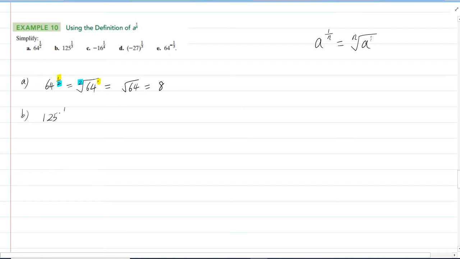125 to the 1/3 power. The same thing as, just remember, you're going to write 125 here, and there's a 1 goes inside, and then the 3 goes outside. So you know now you can simplify this as third root of 125. You can rewrite this.